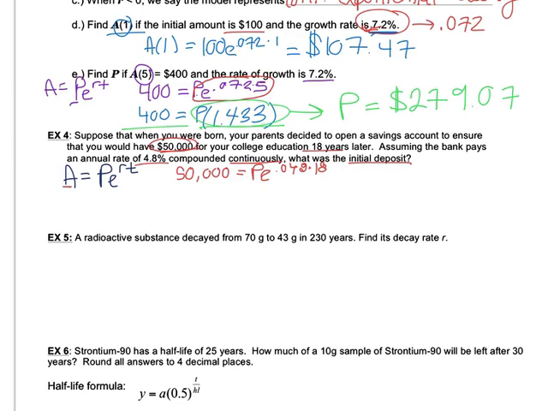So this simplifies to 50,000 equals P times... So now I'm just going to figure out what e raised to the 0.048 times 18 is. And if you haven't used your calculator in a while, the number e is right above your division sign.